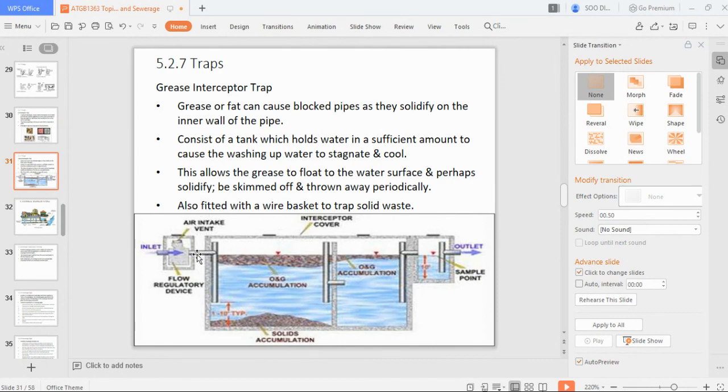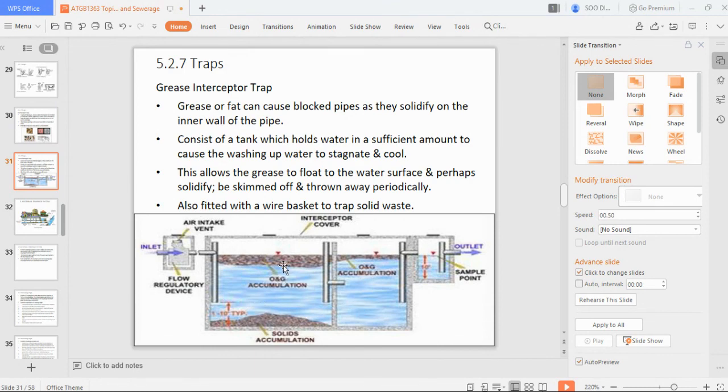So you have a setup like this, and any water that is flowed into here, you can separate out the solid and also the gas and also the grease and fat. The water will flow from here, grease and fat will be up here, solid will be down here, and the water will flow from this tank from A to B through a pipe in the middle.